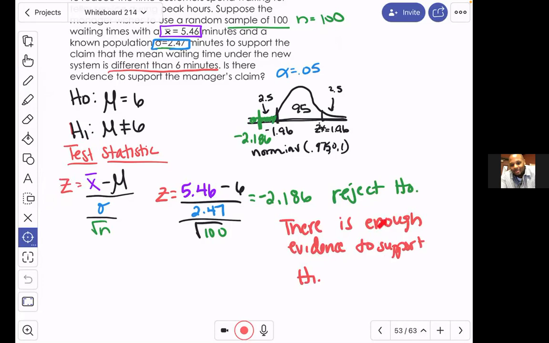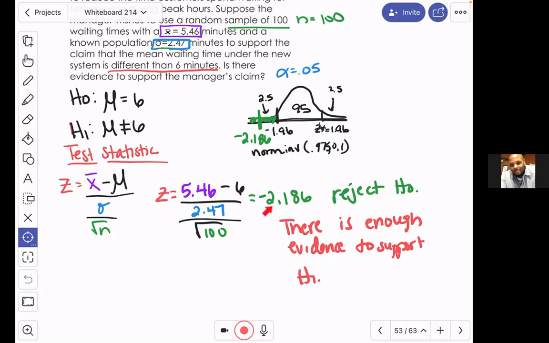So right now, this is based off of the critical value, rejecting out of the critical value. A simpler way to do this is to reject out of the p-value. Because with the p-value, we can skip the step of finding the z-star right here, because we know our alpha is 0.05.